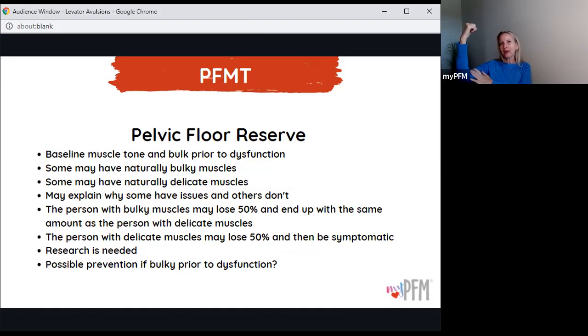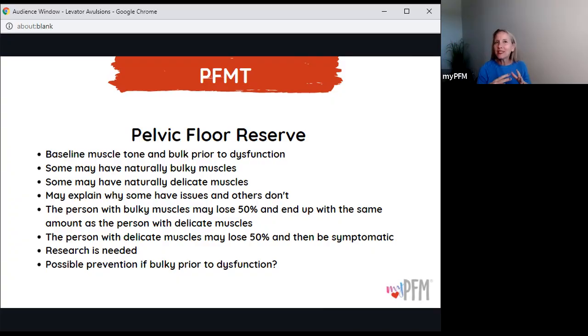If I had a biceps injury, and if I went into that injury with a really strong, healthy, toned, good volume, good bulky bicep muscle, and I had some of my fibers torn in that muscle, my function is probably going to be less impacted than if I have a puny, weak, low volume, low tone muscle that had the same amount of muscle fibers affected as the good volume, but the impact on function is going to be a lot higher potentially on the person that had the puny muscle going into the injury. And so this is an exciting theory.